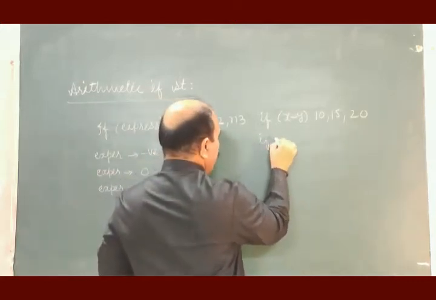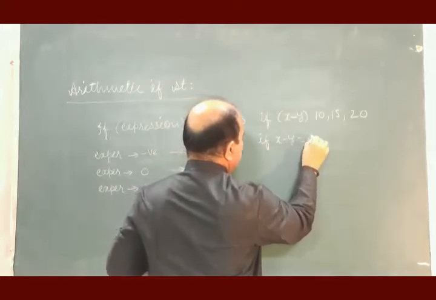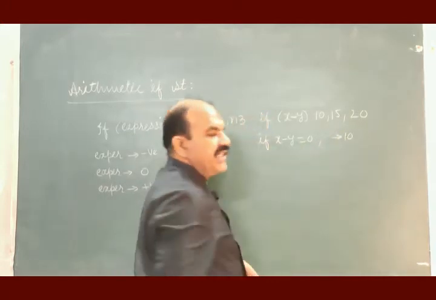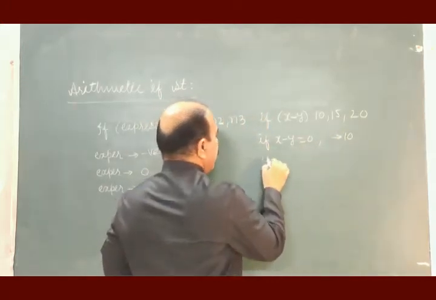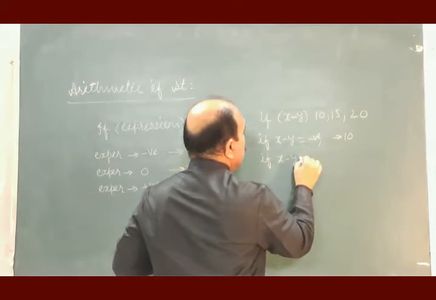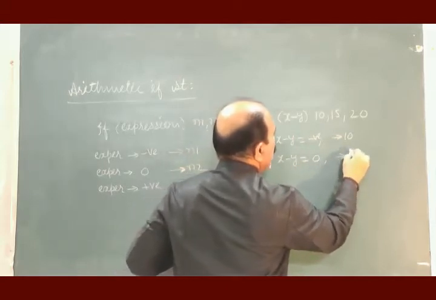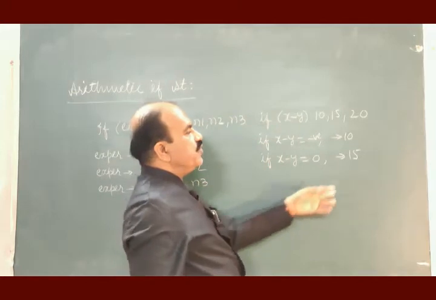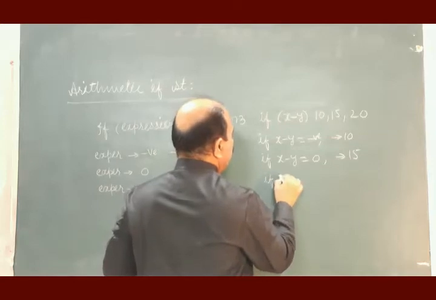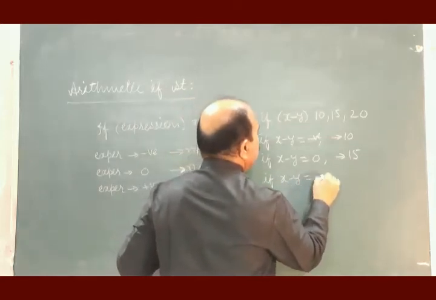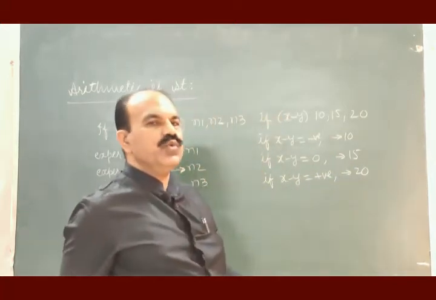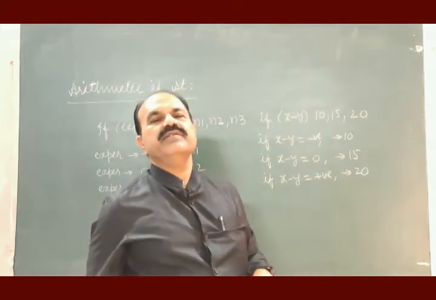That is, if x minus y is negative, control will go to statement 10. If x minus y is equal to 0, control will be sent to statement 15, and if x minus y is positive, control will be sent to statement number 20.